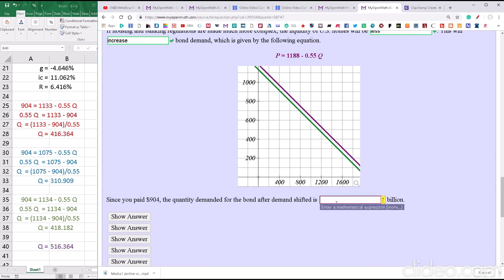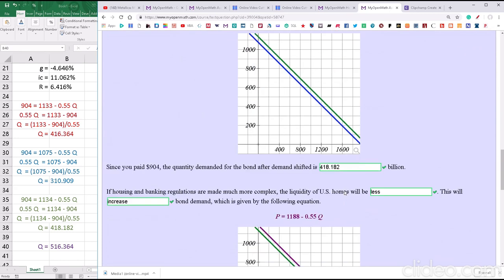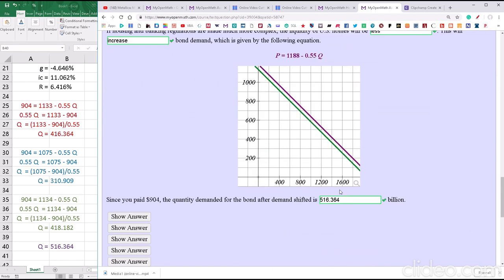And the new quantity at 904 is 516.364 billion bonds. Okay, and that's it for question 1 on homework 3B.